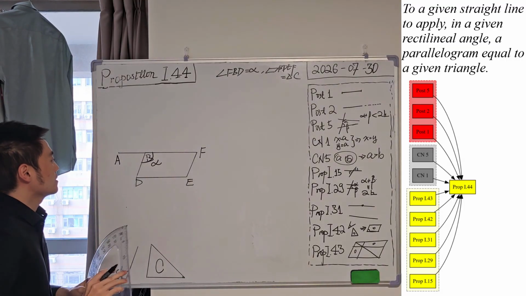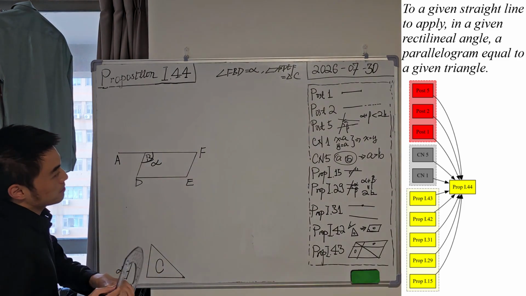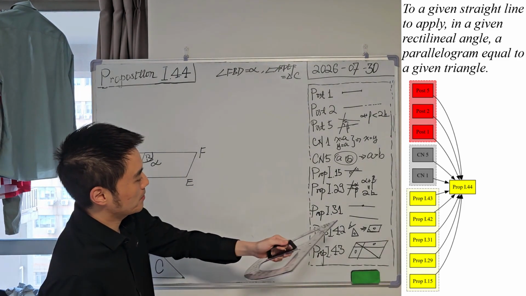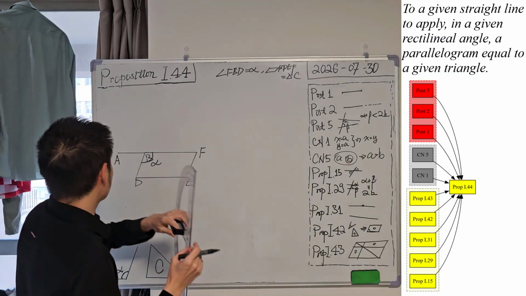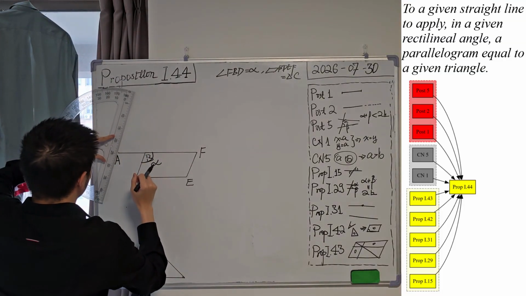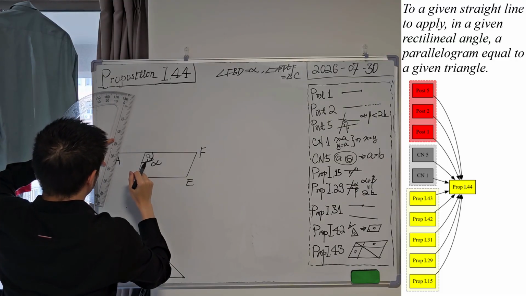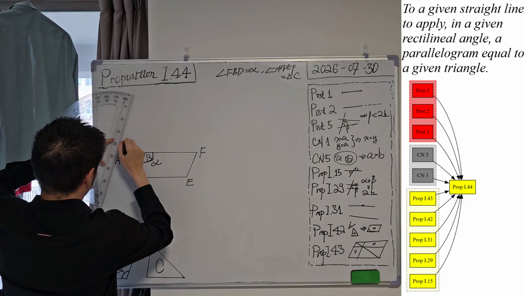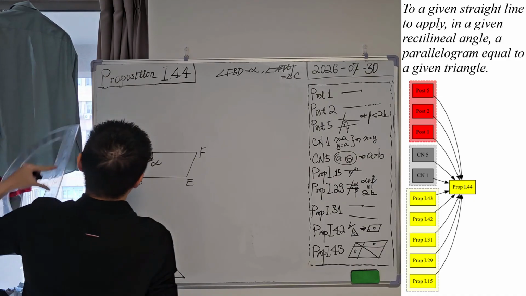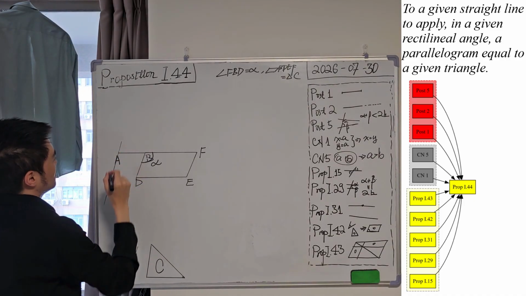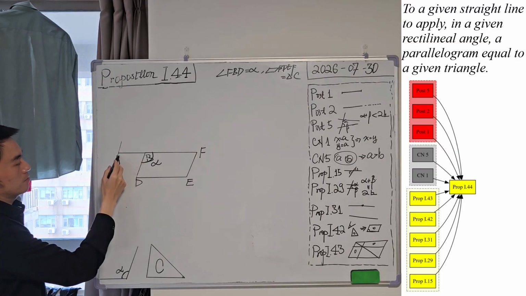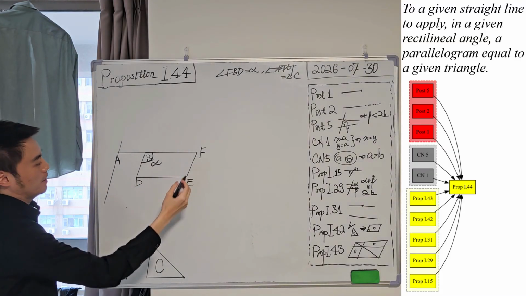Okay, great. So in the next step, let us recall proposition 31. We are able to construct a straight line through a given point that is parallel to a given straight line. So let us construct this straight line through point A, which is parallel to EF.